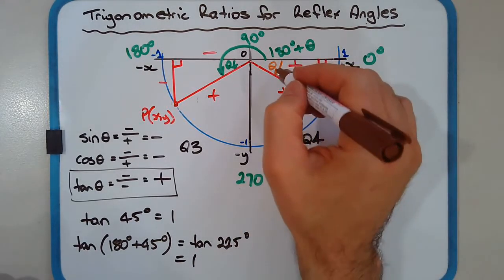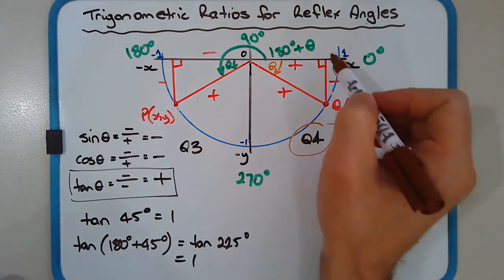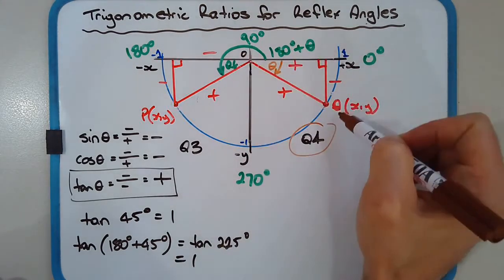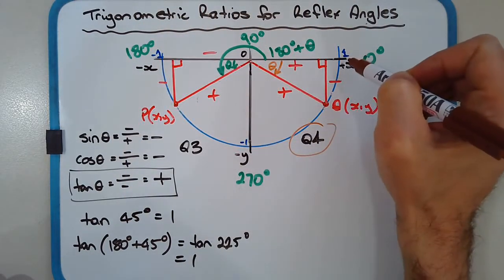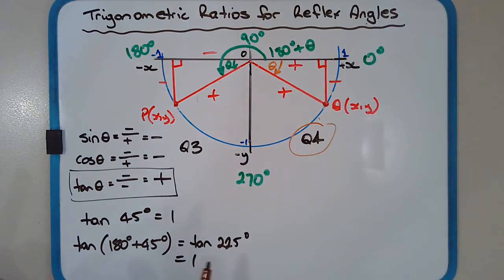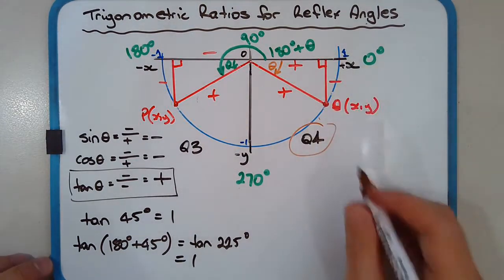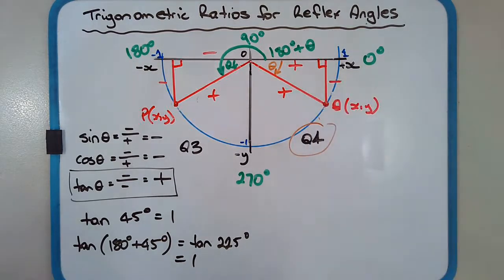But in order to locate it correctly in quadrant 4, we need to basically spin this point Q all the way around, do a full 360, and then come back theta. So in other words, the quadrant 4 angle is going to be determined by subtracting theta from 360.